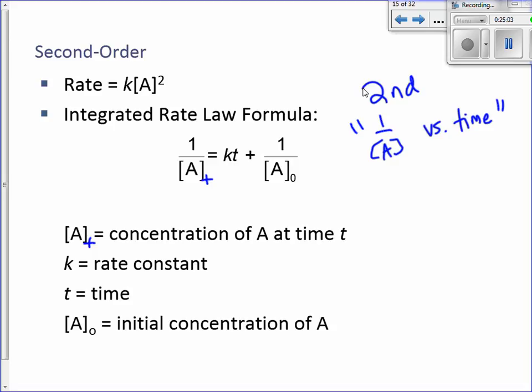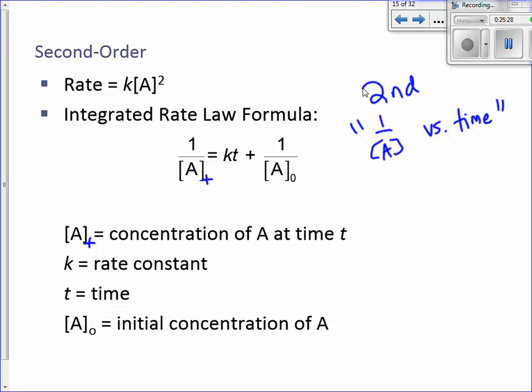However, the graph for this one, which you should see on your paper and which we'll see in the next slide, has a positive slope. So the k right here doesn't need the negative in front of it, because before it was a negative slope, so you needed that extra negative to change k into a positive number. But the variables pretty much stay the same, so you probably don't need to rewrite this every single time.